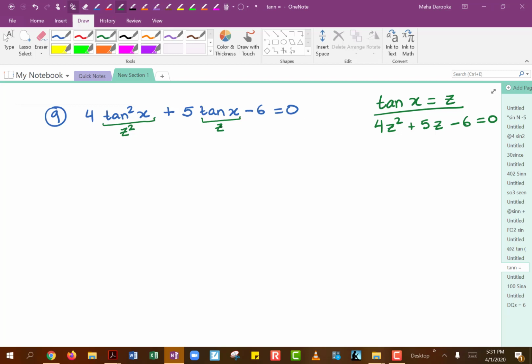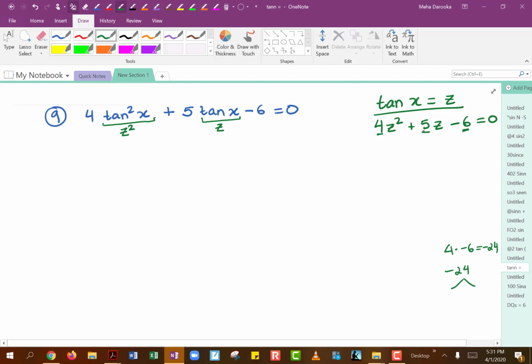Basically what we're going to do is multiply this leading coefficient 4 with this constant term -6. I'm going to do this a little bit here on the bottom. So 4 times -6 gives us -24, and then we are trying to find factors of -24 which will add up to give us this middle term.